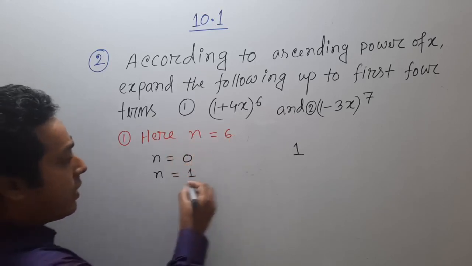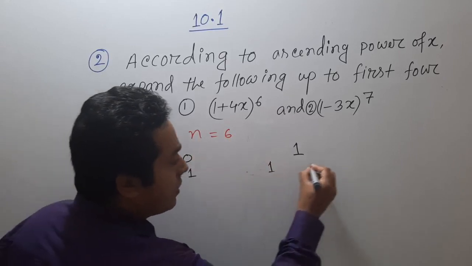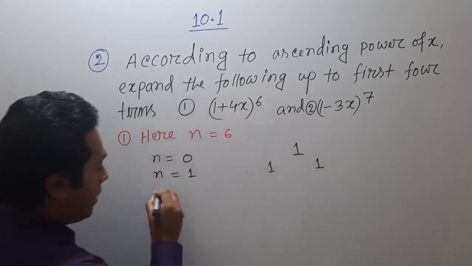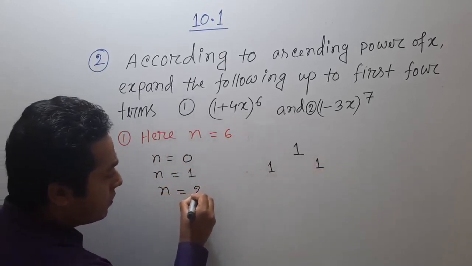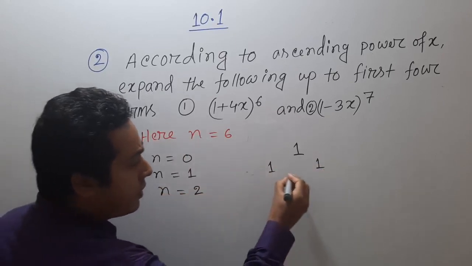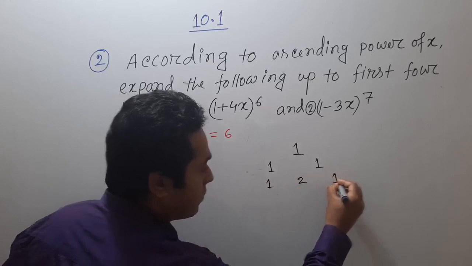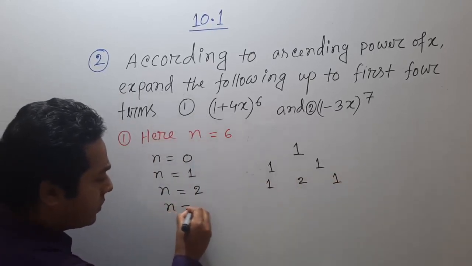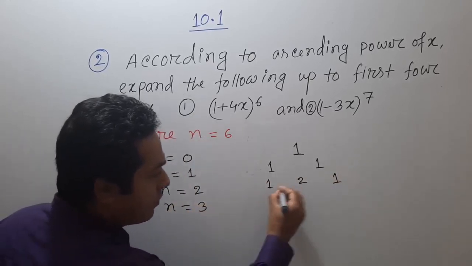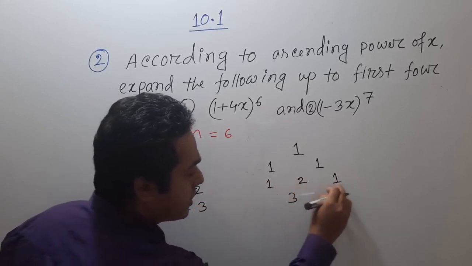Then n is equal to 2: the addition gives 2, with 1 and 1 on the sides. If n is equal to 3, then the additions give 3 and 3, with 1 and 1.